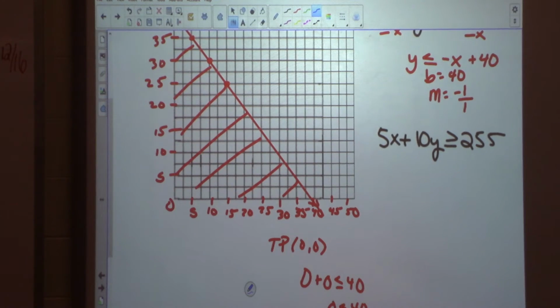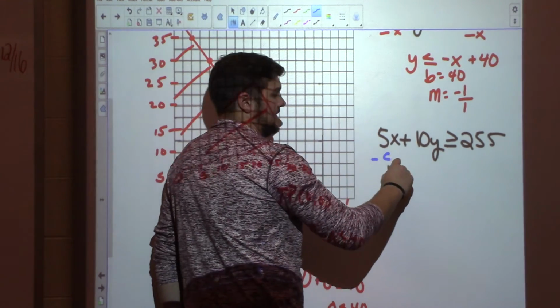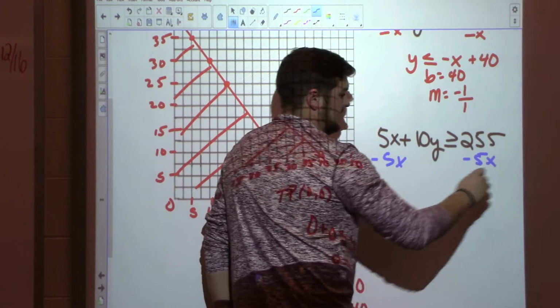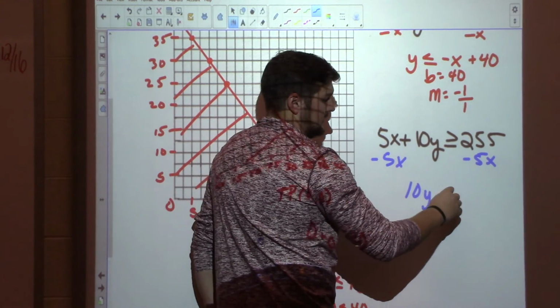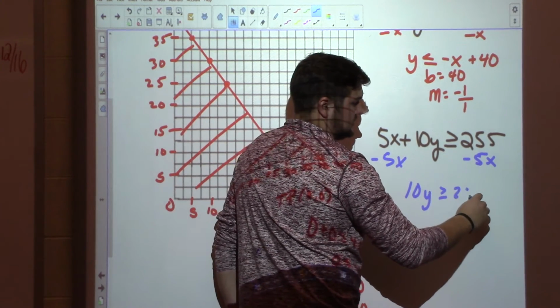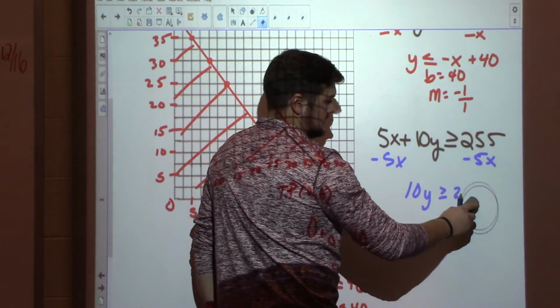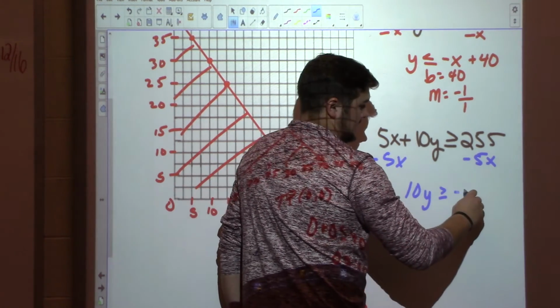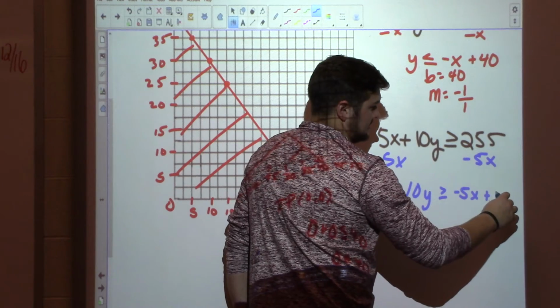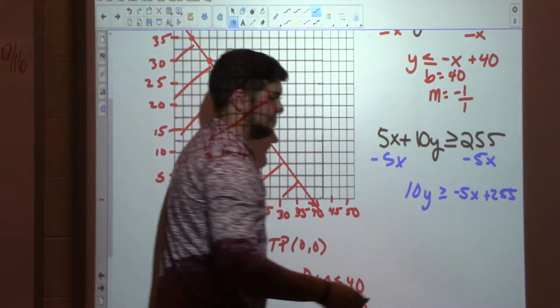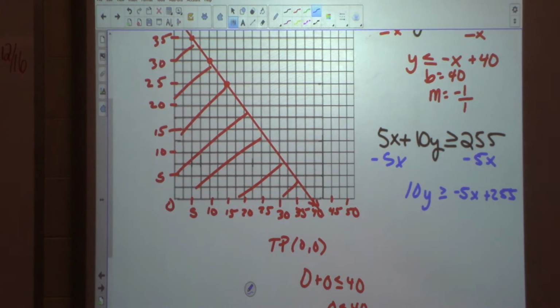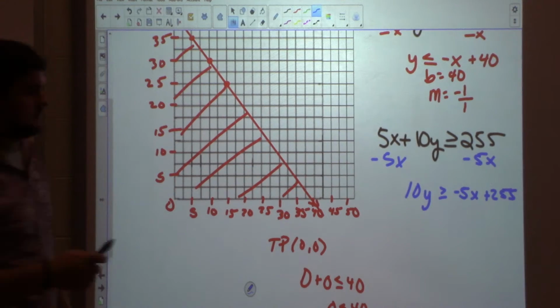Alright, so if I solve for y, I subtract 5x. I get 10y greater than or equal to negative 5x plus 255. Right, then what do I do? Divide by 10.